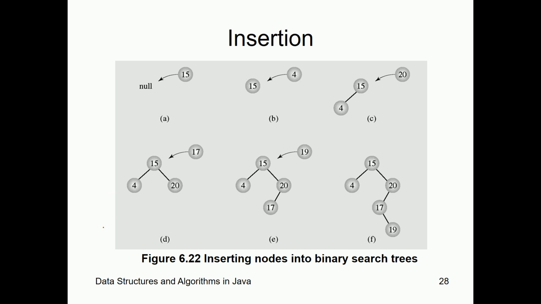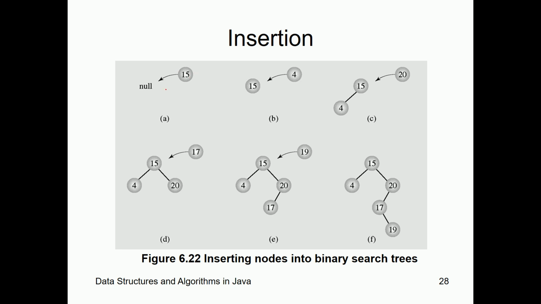The rule is always, if it's bigger, go to the right, smaller to the left, and doing so we're not going to get confused. The first element that I inserted becomes the root. The first element is the root.